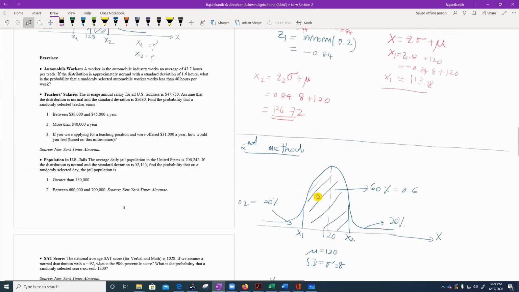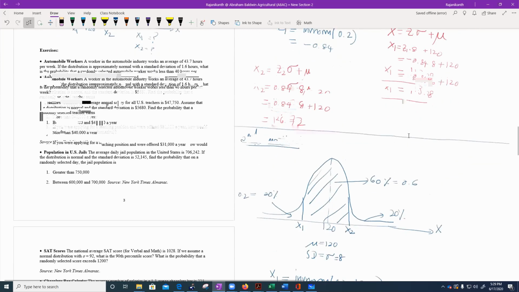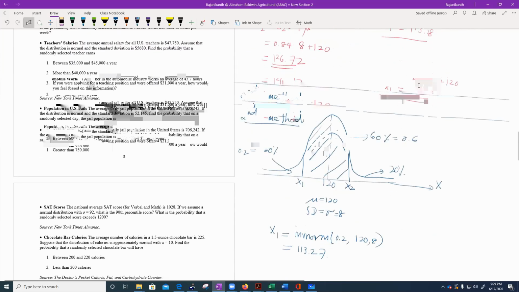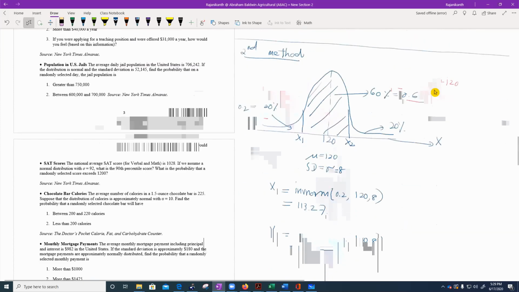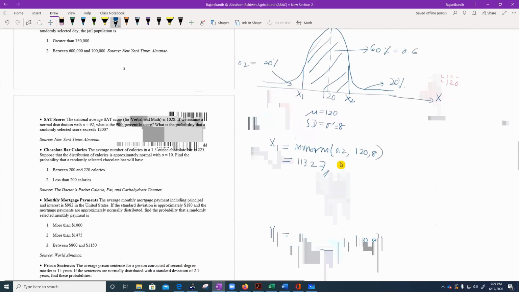So remember, in the first method, we got 113.28. It doesn't matter, very, very close, right? Both answers are. So this is very much straightforward. Okay, then the catch is now finding x2. How do you find x2? Remember, if you want to find x2, you need to plug in the left area to that point.